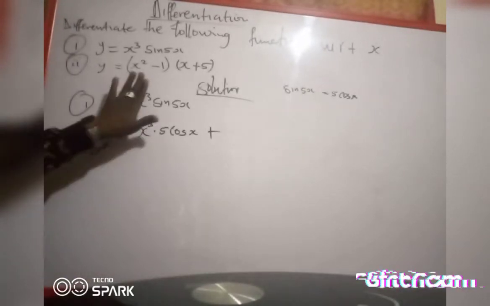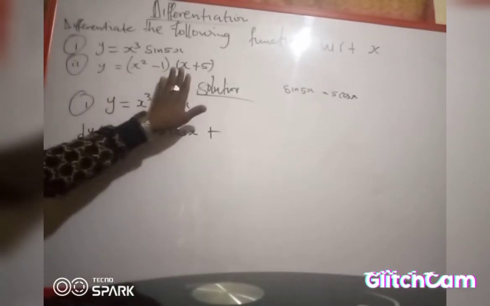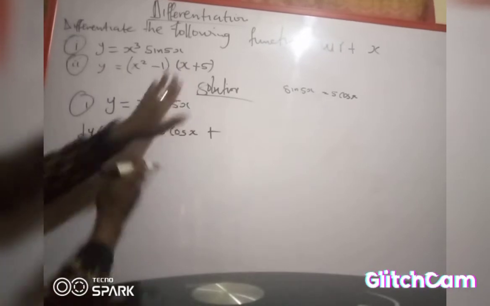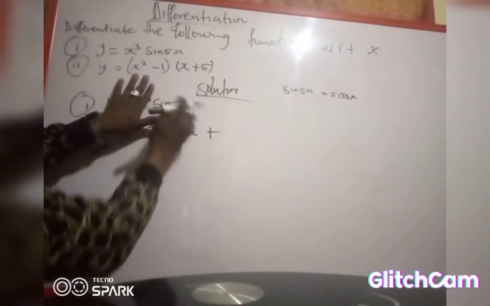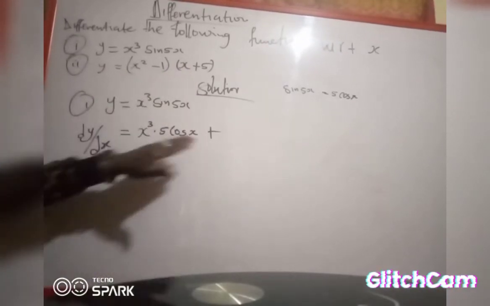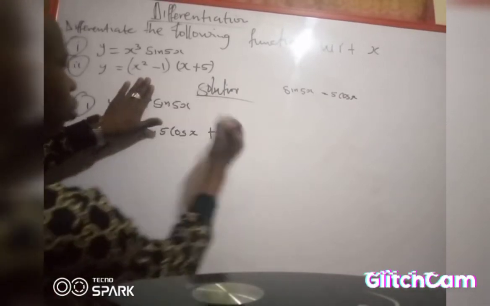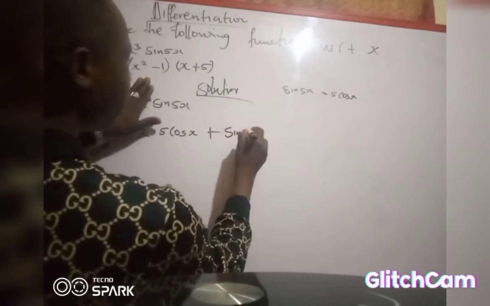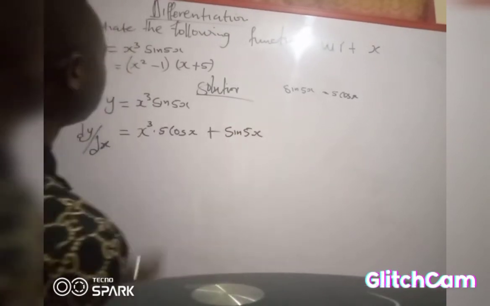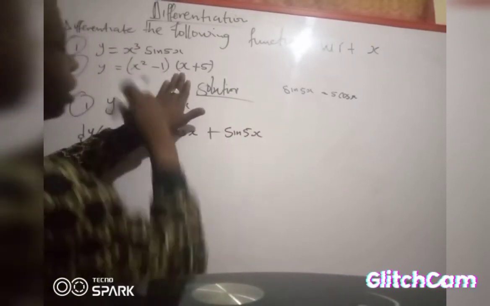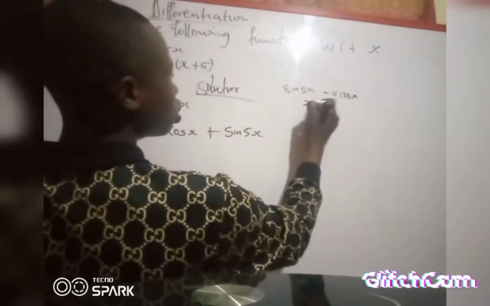Plus, in the first place we hold this one, we copy s cubed, then we hold s cubed and differentiate this. So in this place now, you hold s cubed, you copy sine 5s, then hold sine 5s, differentiate s cubed.